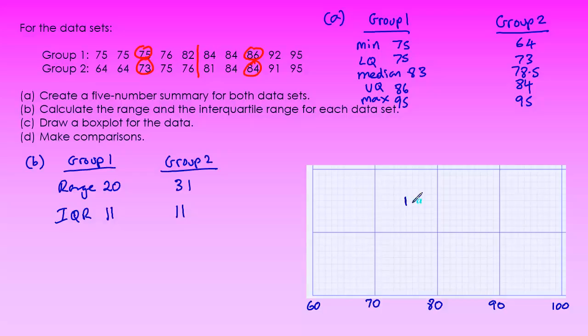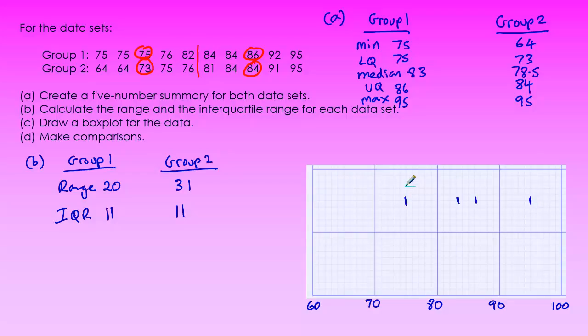So the minimum would be here. And the lower quartile is also there, so it will be the start of the box. The median is 83. 1, 2, 3, so that's here. The upper quartile is 86. 1, 2, 3, so that would be here. And the maximum at 95. 1, 2, 3, 4, 5, so that would be there.